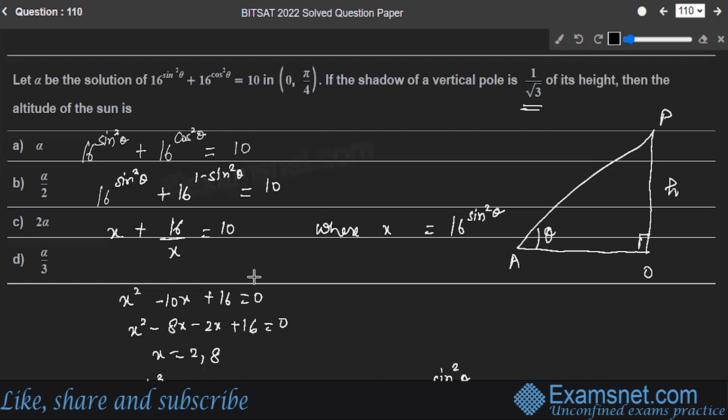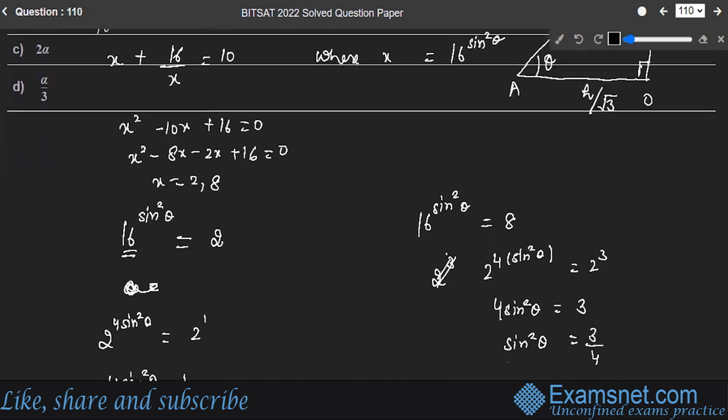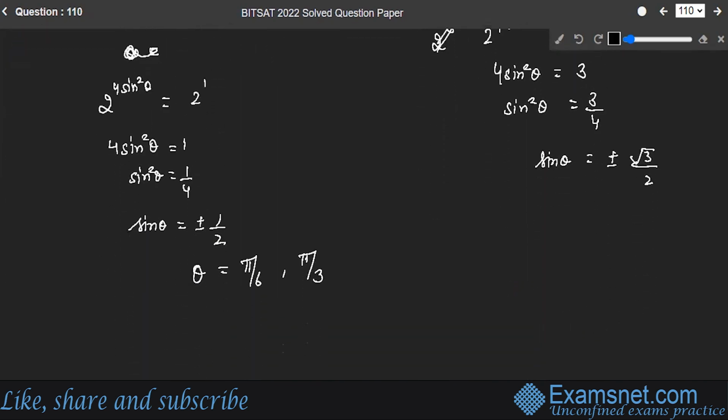So if this is the height, then according to the question, if the shadow of the vertical pole is this, that means OA is given by this. Now, what you have to find out? Altitude of the sun. That means let's find out the altitude of the sun.